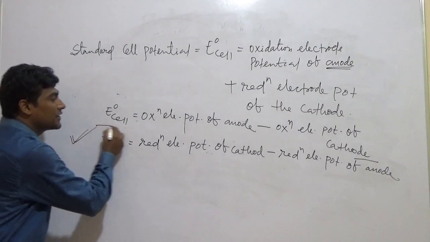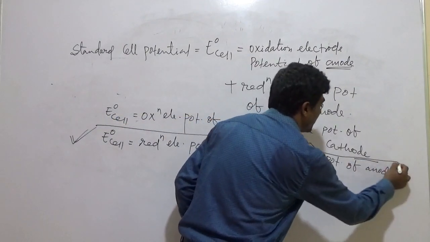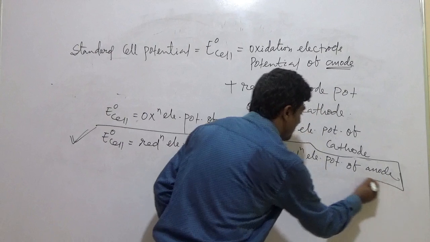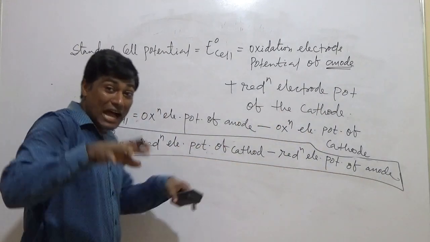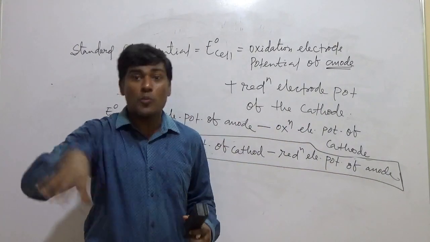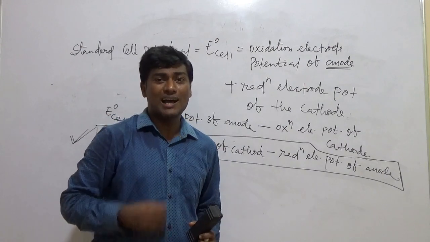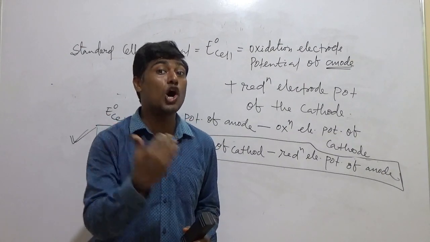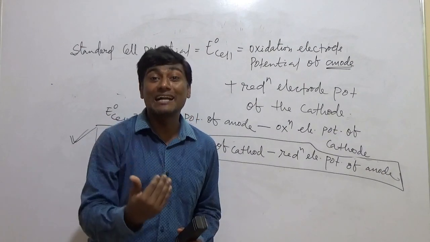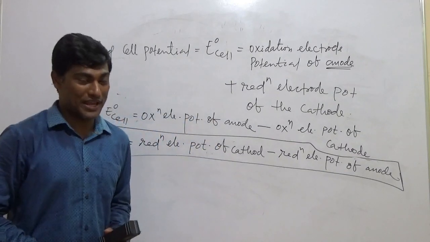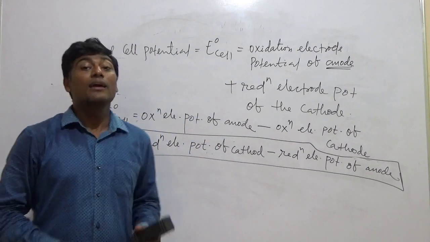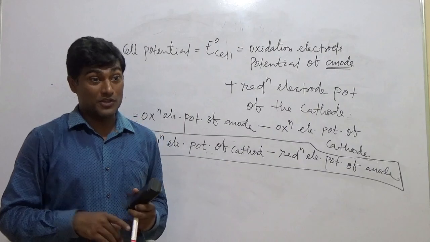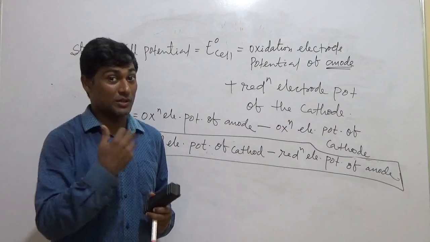This formula particularly is of greater importance because nowadays the electrode potentials of all the electrodes are generally expressed in terms of their standard reduction electrode potential. That's why this formula should be remembered with importance.